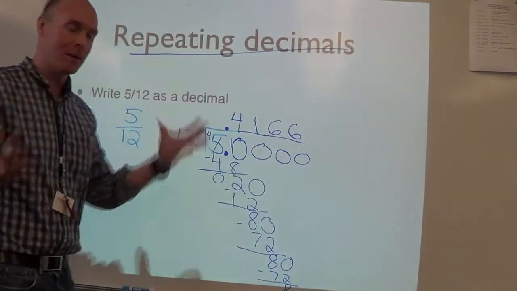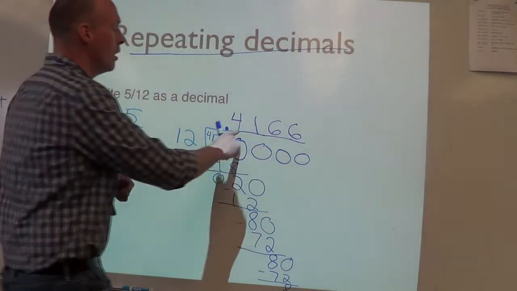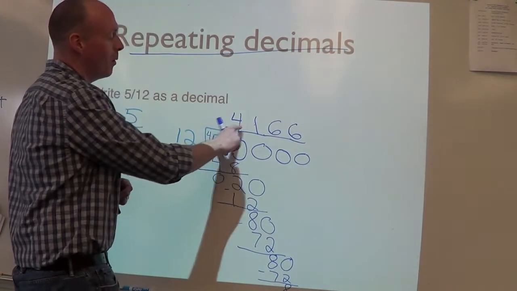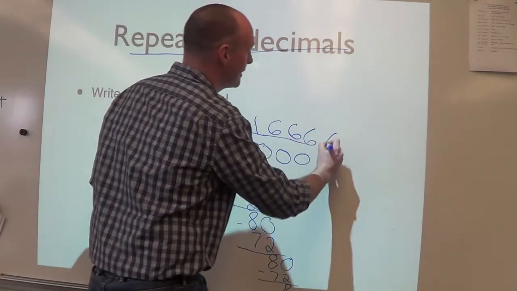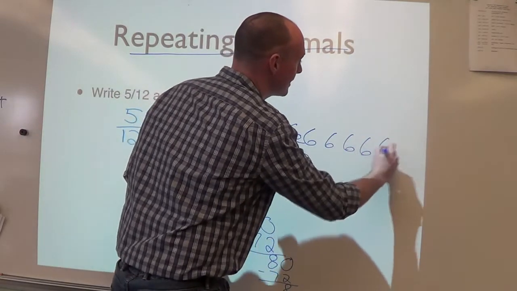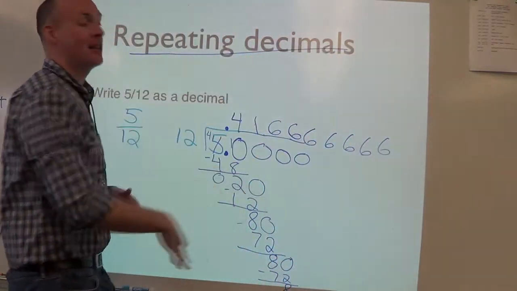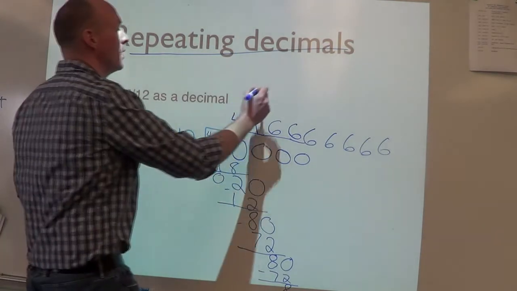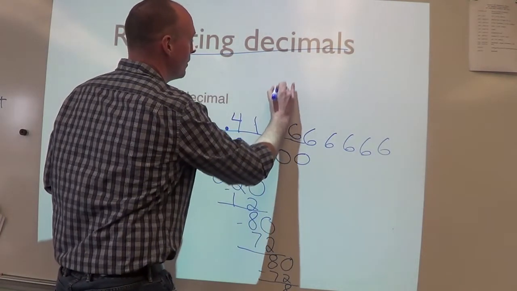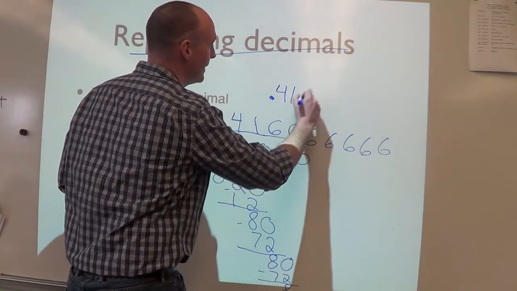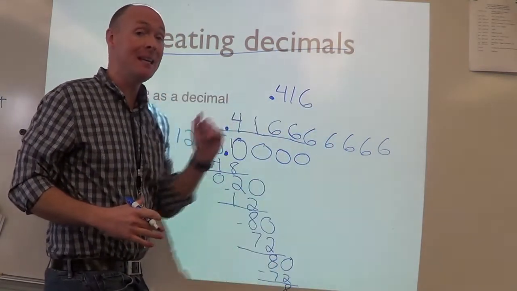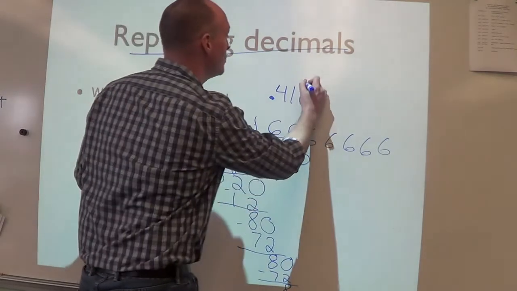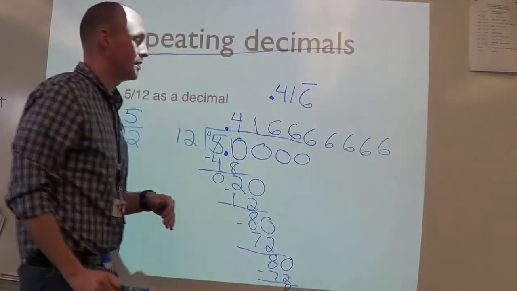Now, how do I write a repeating decimal? Well, 4, decimal point 4166, and we know it will go 6 and 6 and 6 and on and on and on. So how do I write it? Decimal point 416. Now, because the 6 is the part that would repeat forever, you draw a little bar over the 6.